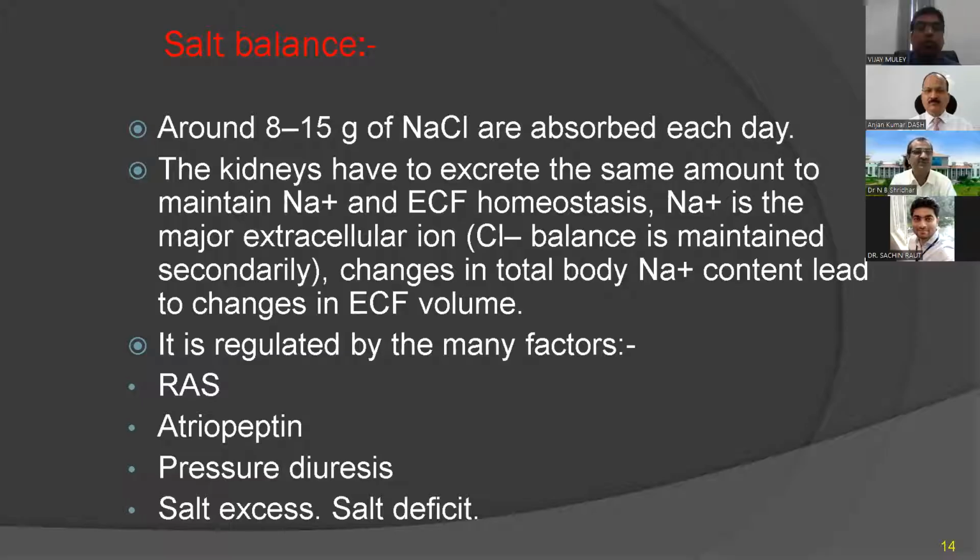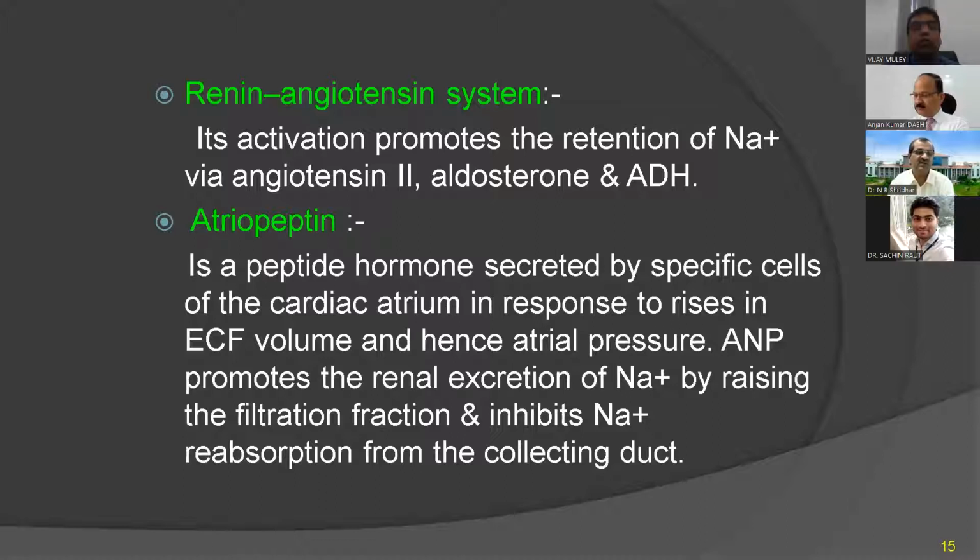Especially in this case, 8 to 15 grams of sodium chloride are absorbed every day. The kidneys have to excrete the same amount, and whenever excreting this huge quantity of salts, the water also gets excreted out. And this system is regulated by the renin-angiotensin system, natriuretic peptide, pressure diuresis, and salt excess or salt deficit.